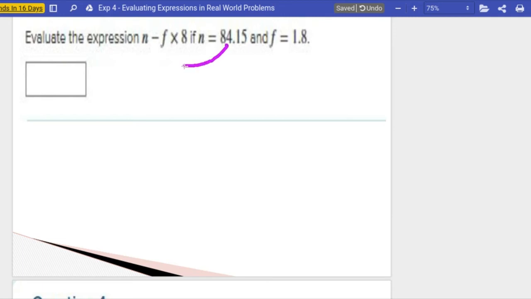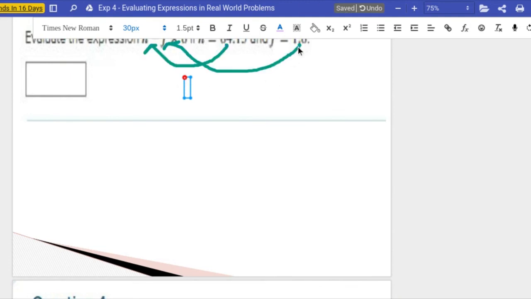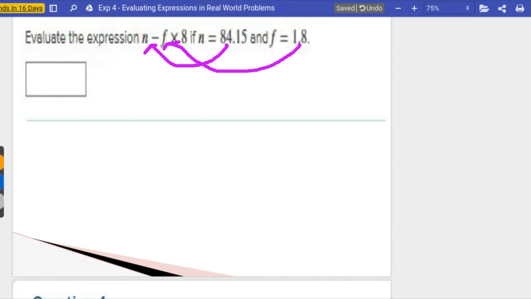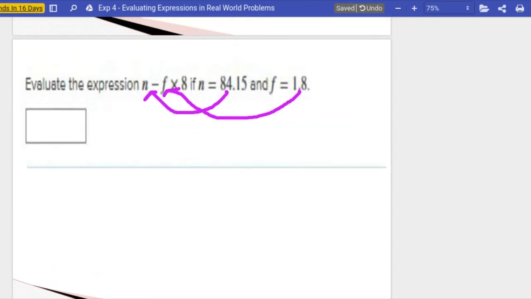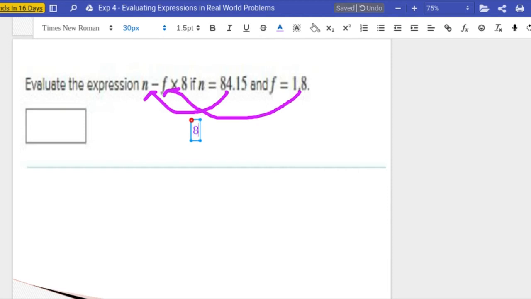We're going to substitute 84 and 15/100 in for N, and 1 8/10 in for F. So we have 84 and 15/100 minus F, which is 1 8/10, times 8.